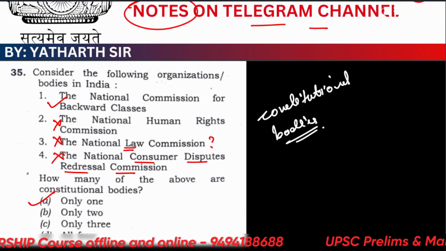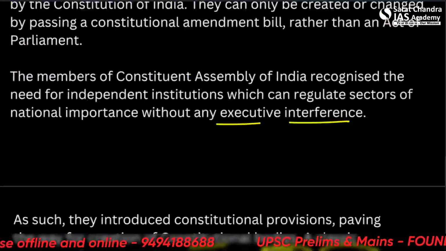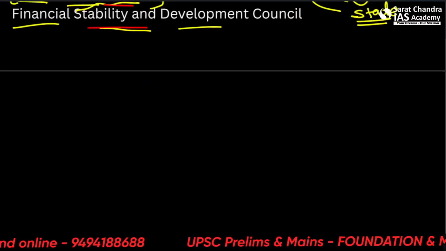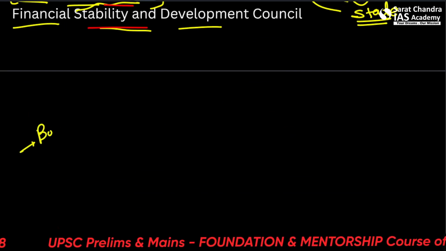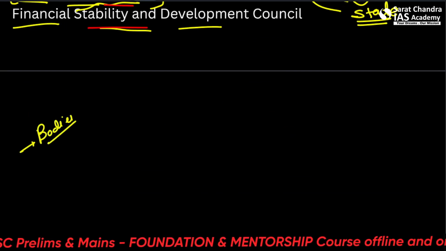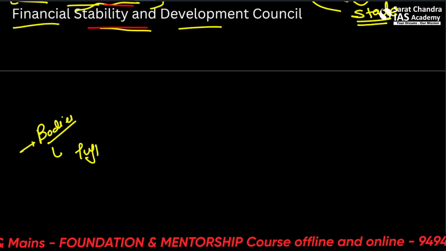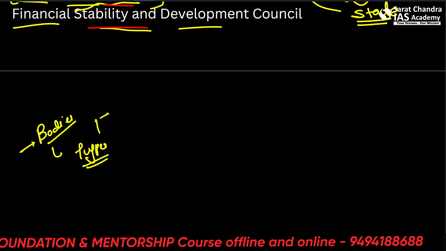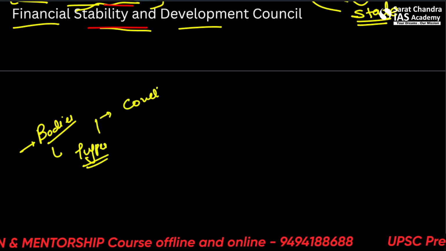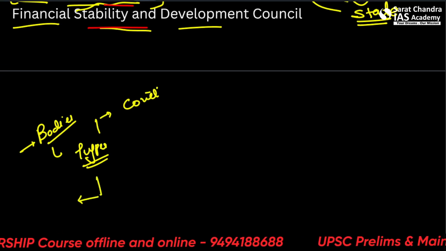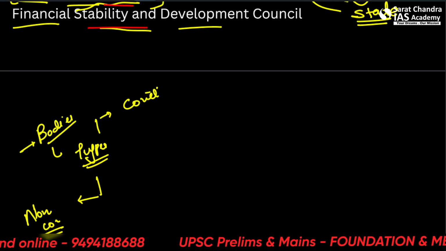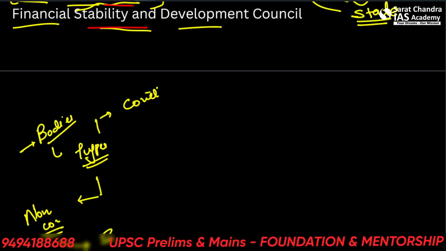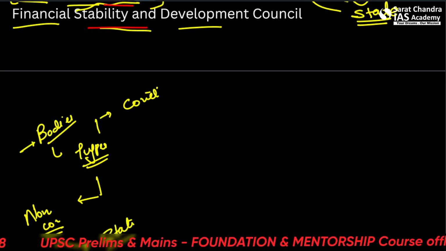Alright, so let's finish this lecture now. Coming to the conclusion. One thing that we covered in this lecture is what are bodies and the types of bodies, both constitutional and non-constitutional. Non-constitutional is also very important: statutory and non-statutory.